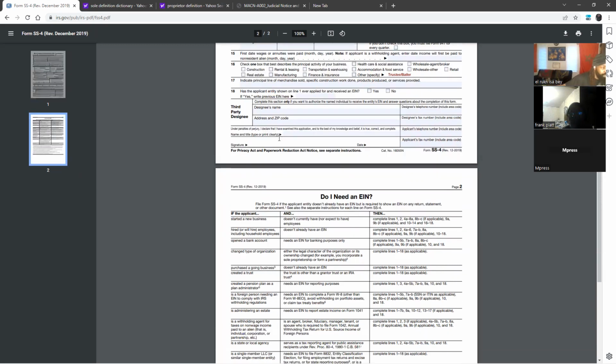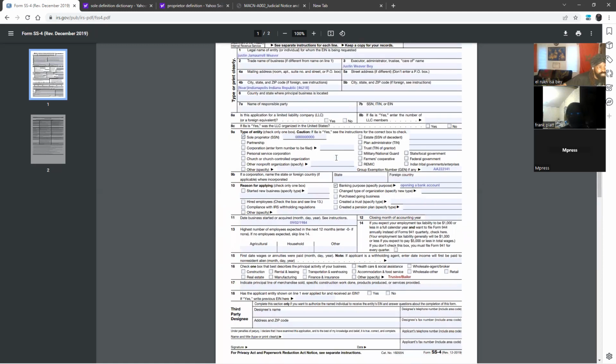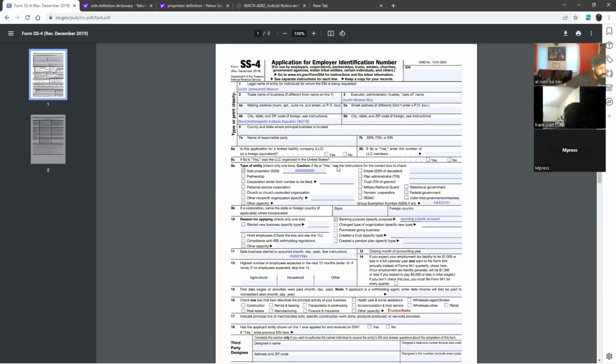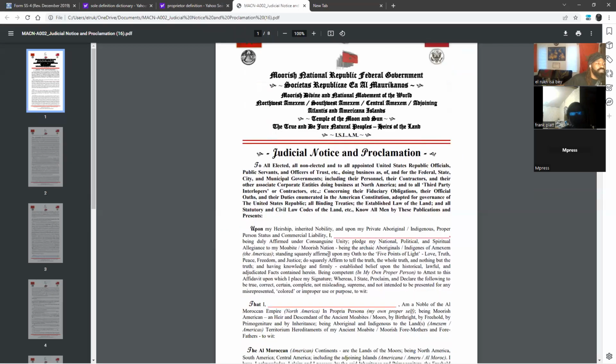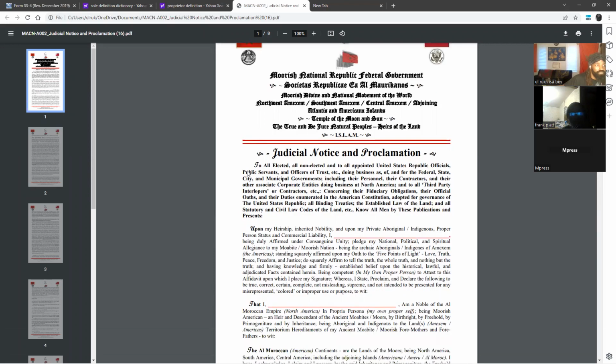But that's it, right? So once you finish this form, what you want to do next is give it some nationality. So now you're taking possession of the body. Now, what you staple to this is your judicial notice and proclamation, and send this in to the IRS with your SS4 application, right?